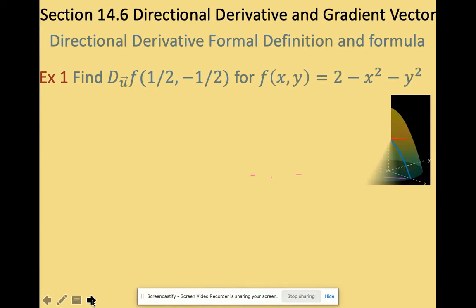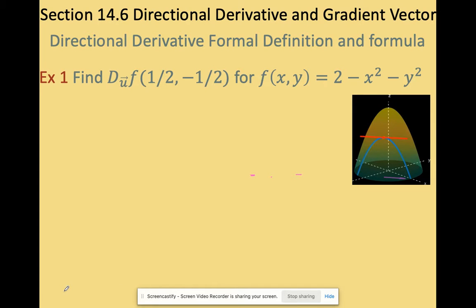So let's do an example. This is the same picture. This shape here is the shape of this greeny yellow surface. This point is 1/2, negative 1/2, but I cannot do the problem yet.